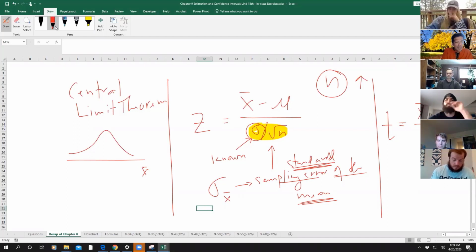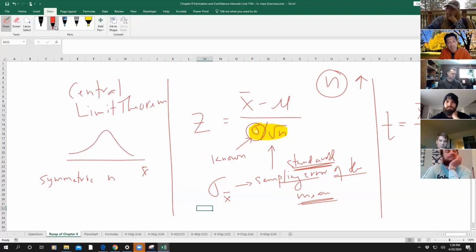That for symmetric distributions, the sample size must be at least 10. But for distributions that are skewed, what's the sample size requirement for x bar to follow the bell distribution? Does anybody remember? Is it 30? Uh-huh. Okay.